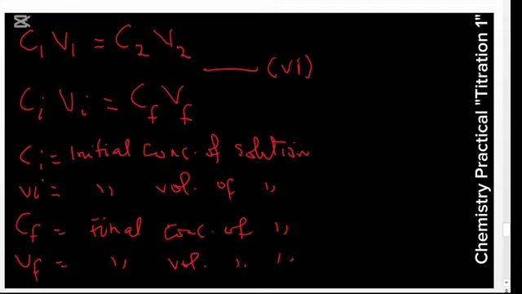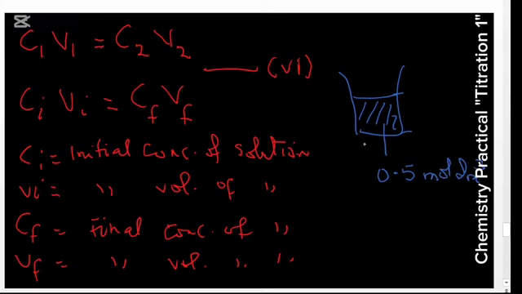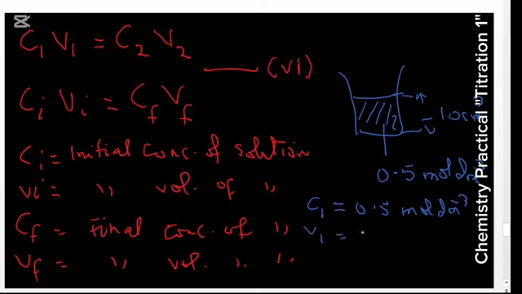Now, for example, you have a solution with an initial concentration. Let's assume the initial concentration was 0.5 mole per dm3, and the volume was just 10 cm3. So it means that my initial concentration C1 was 0.5 mole per dm3, and my V1 is 10 cm3.